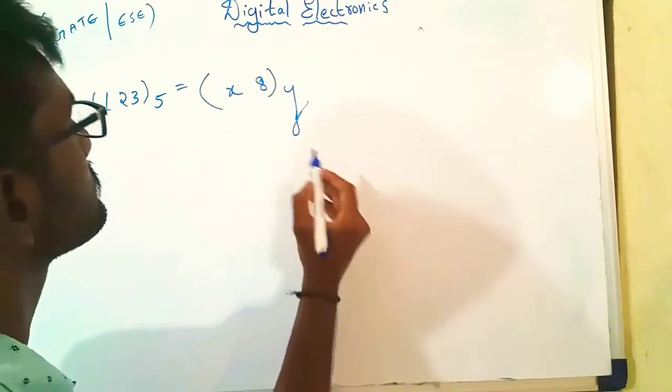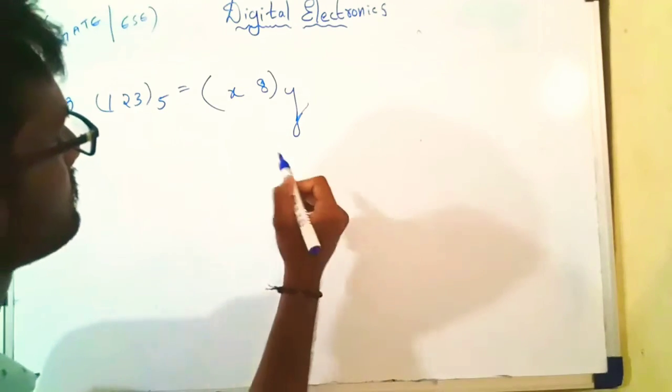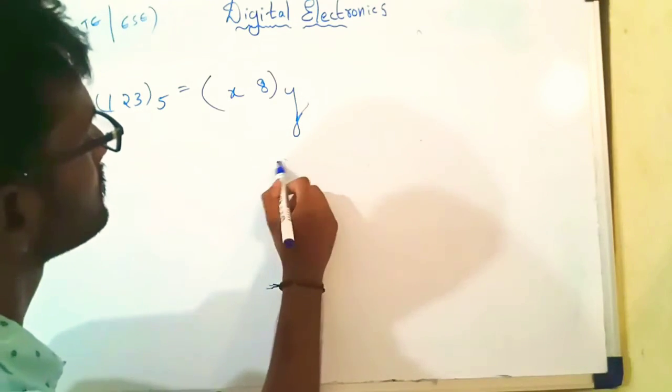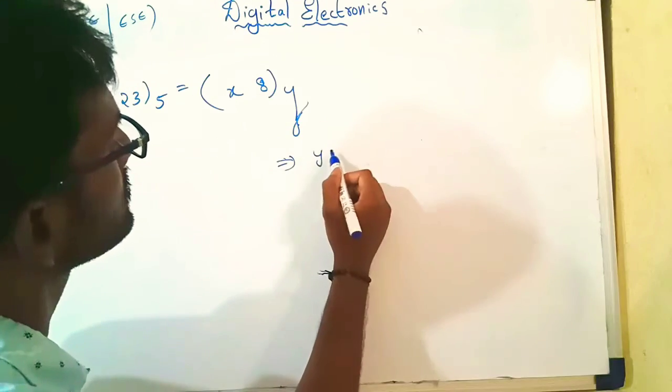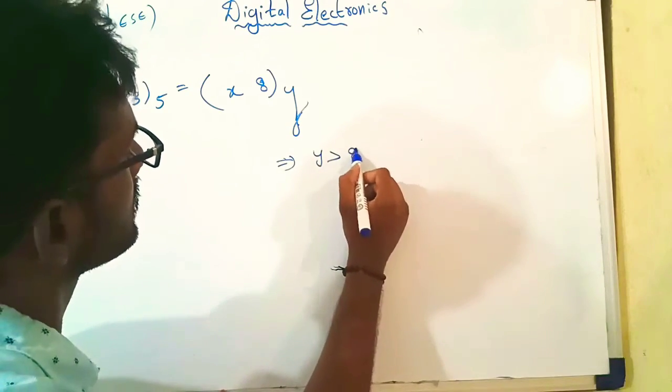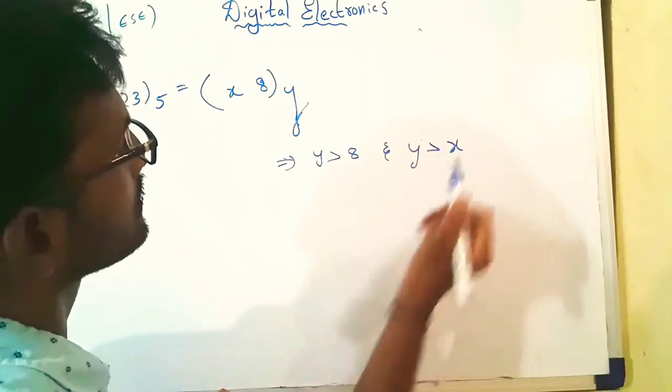From this example, this is the base 5 system and this is the base y system. Here this is the base and these are the digits. The base value is always greater than the digit. y is greater than 8 and y is greater than x.